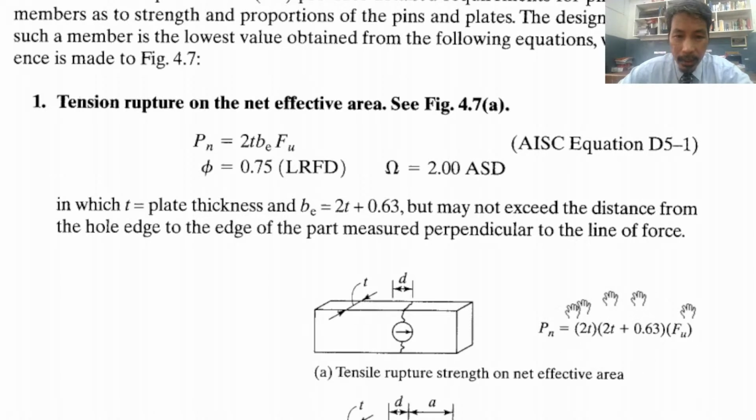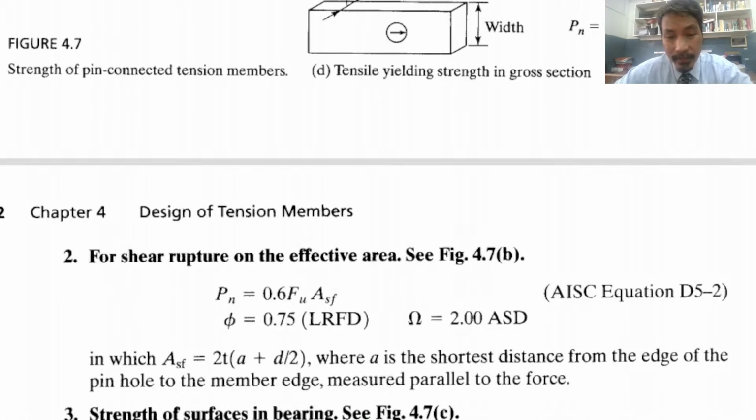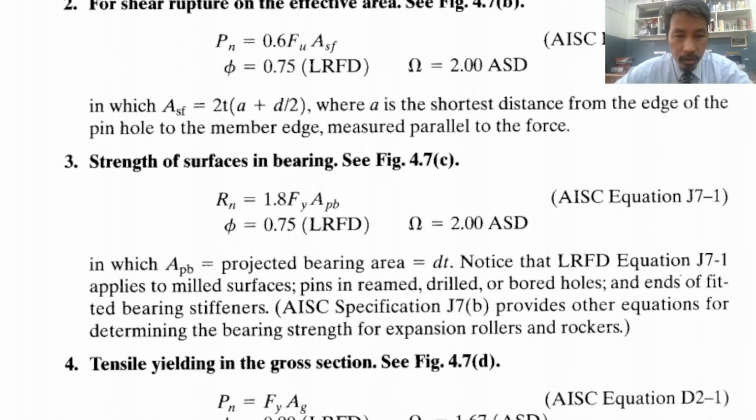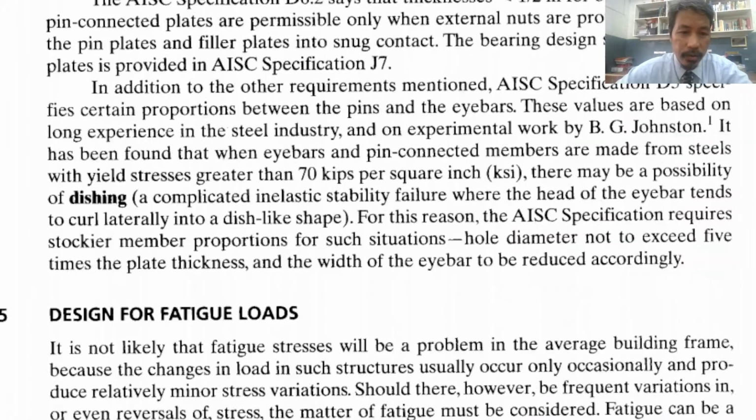This is the formula for the same part here, because b is equal to 2t plus 0.63. That's why we have this formula. It is an empirical formula, we cannot derive it. So those are the code provisions.